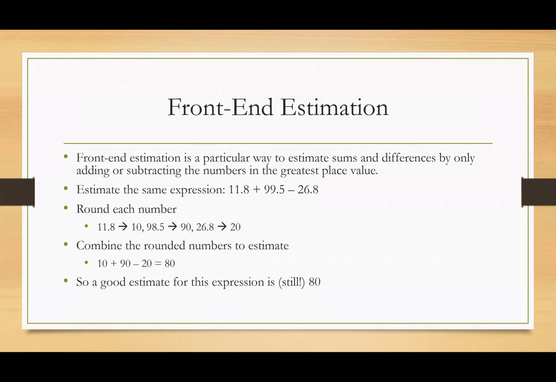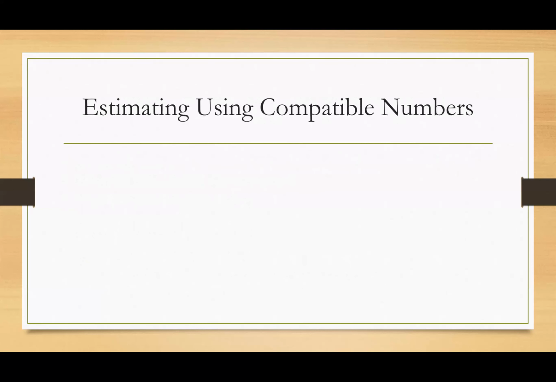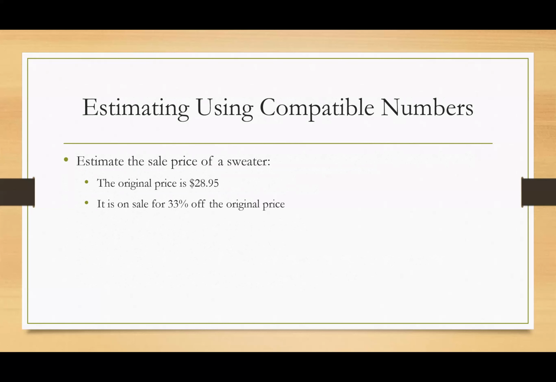And for the last technique, we're going to split this into two different types. One, we're going to look at using compatible numbers, and we're going to focus on fractions. So we're going to estimate the sale price of a sweater where the original price is $28.95, and it is on sale for 33% off the original price.